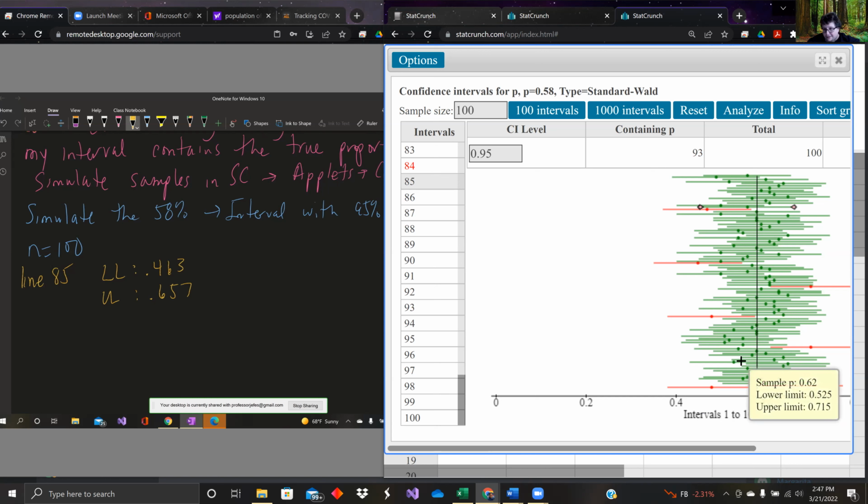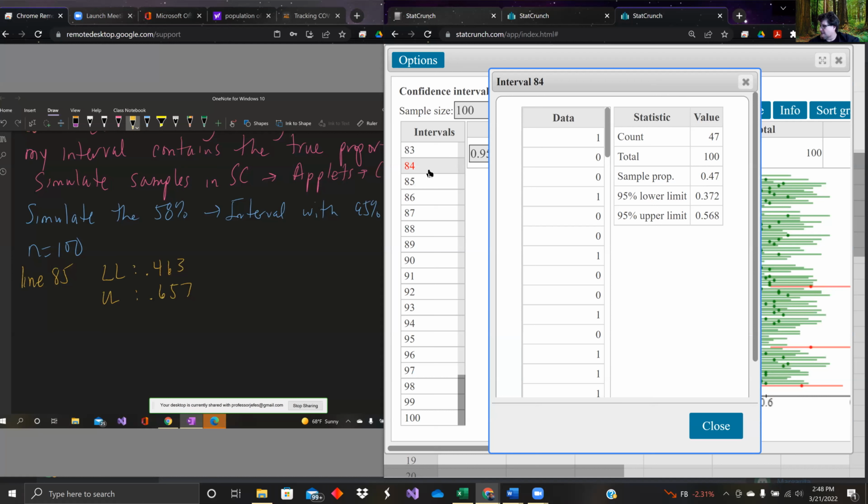Where is line 85? Hard to tell. On mine, line 84 is red, and it has a lower limit of 0.372 and an upper limit of 0.568.